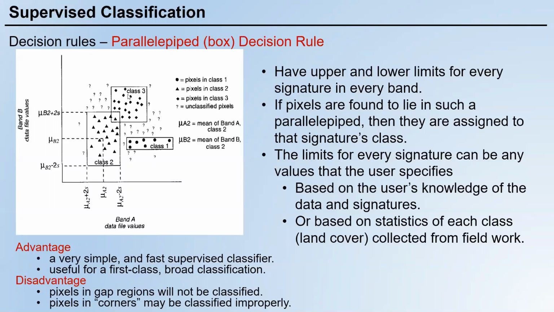For example, this triangle pixel here is in the class 2 box. It is also in the class 3 box. So which one should I assign this pixel to, class 2 or class 3? That's the problem. There could be pixels with multiple classes assigned according to this method.